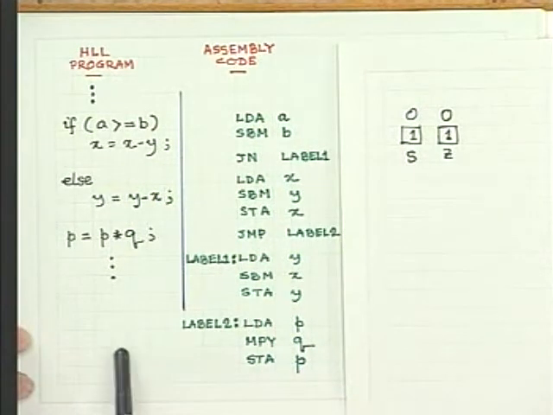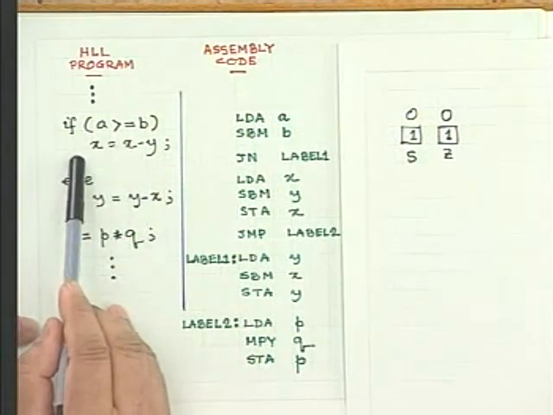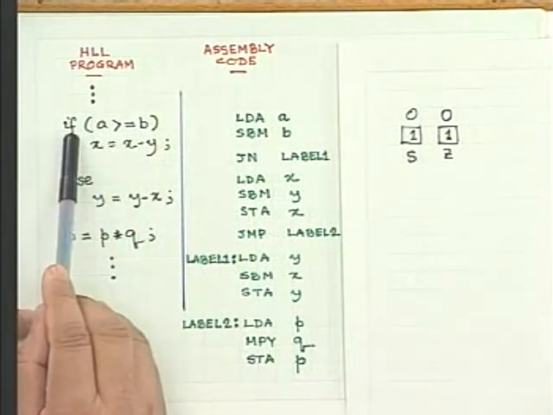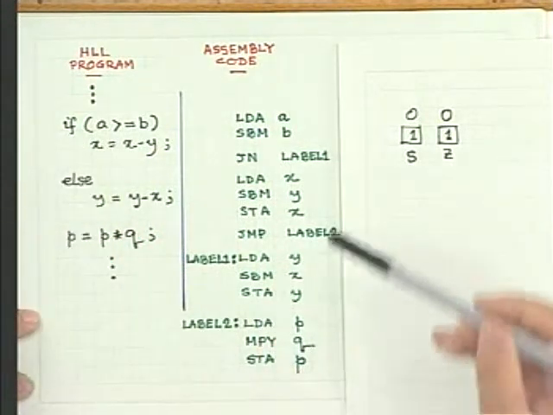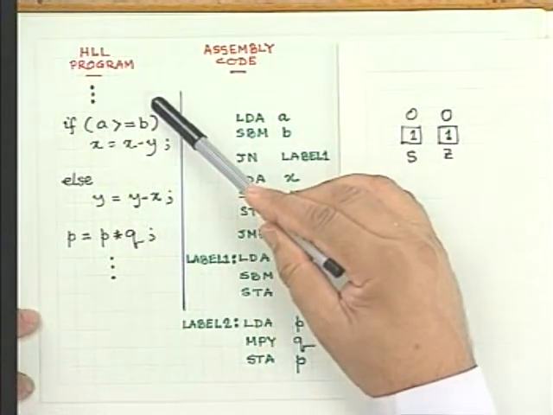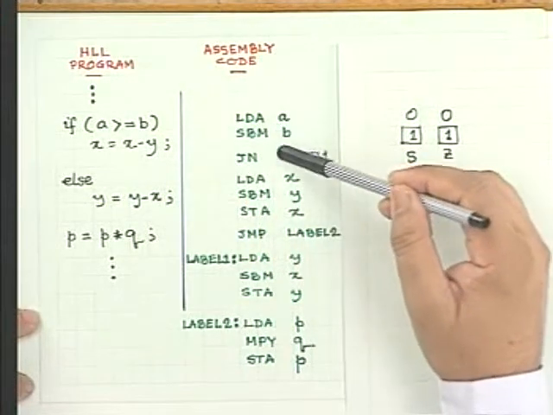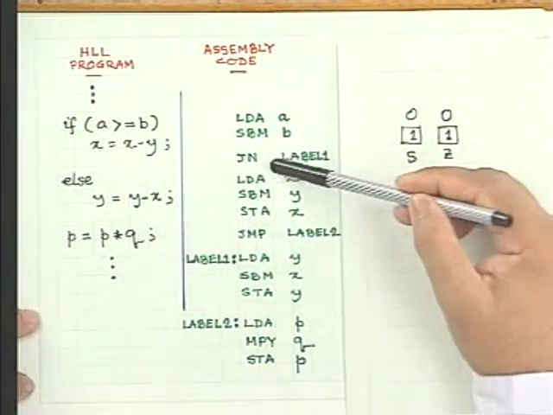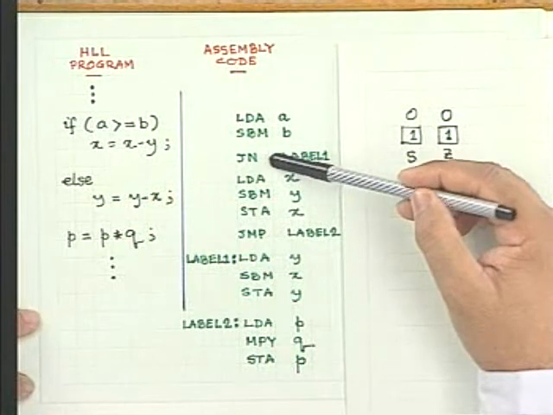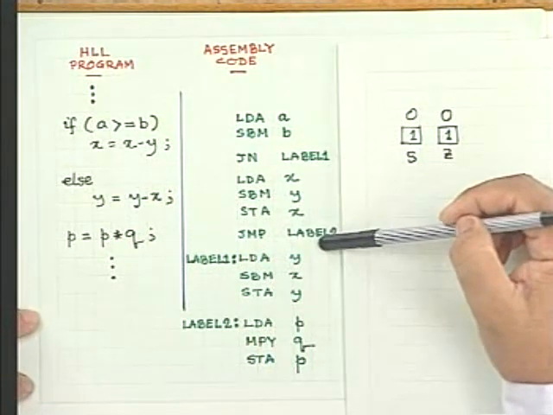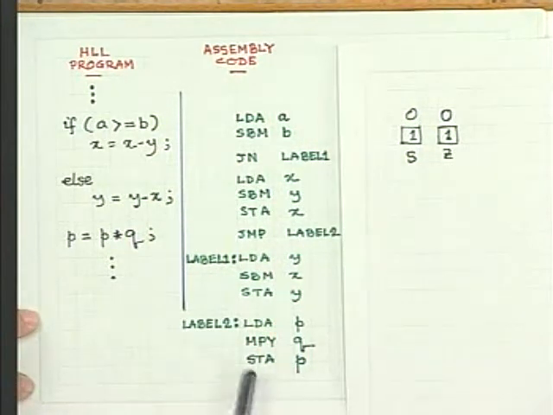Therefore, you see that a control construct like if-else can be translated into assembly language code like this by means of conditional or unconditional jump instructions. Once more, this is a typical example, not pertaining to any particular machine.